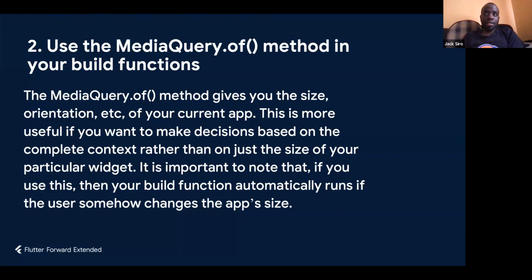Just like the layout builder, this method will always run every time your app changes. Basically, the build function will be running so that it can render afresh the UI that you are trying to show the user.